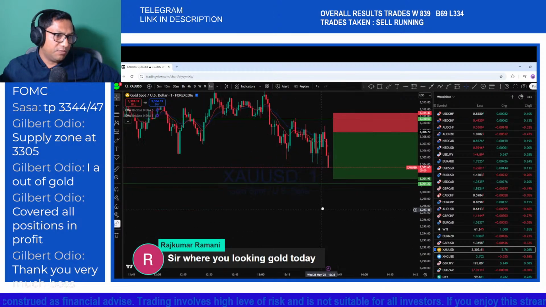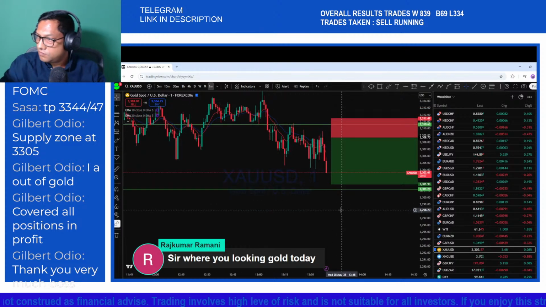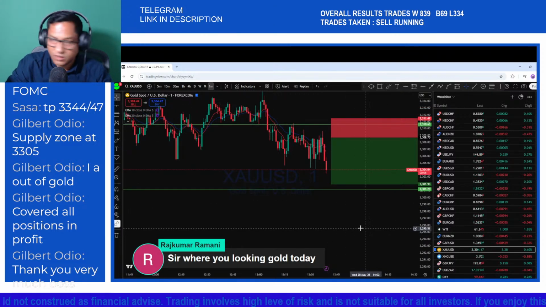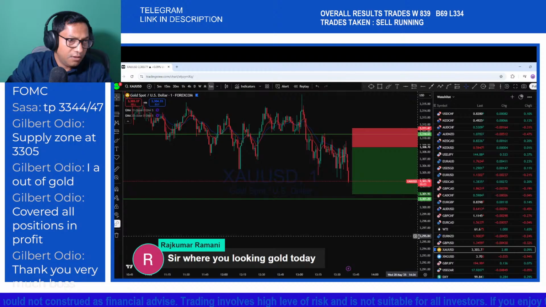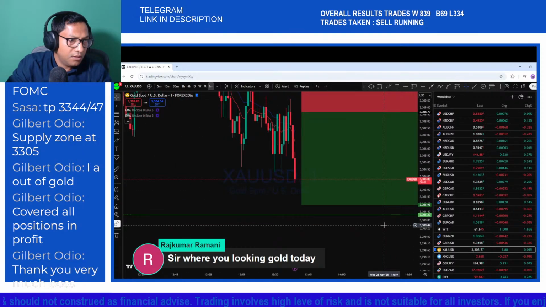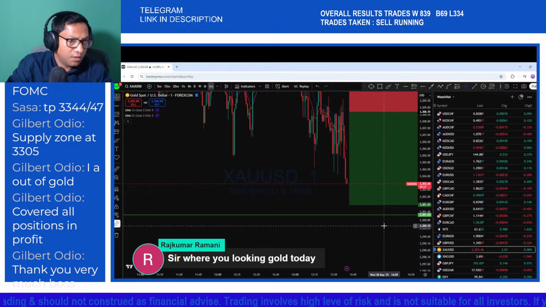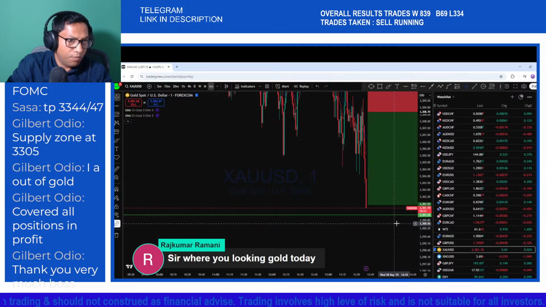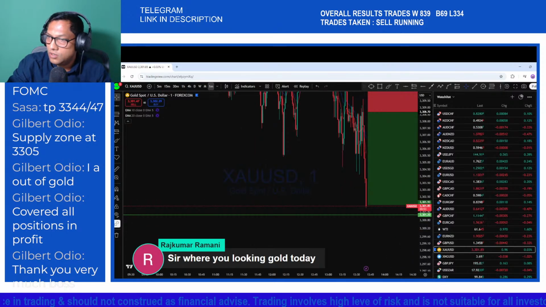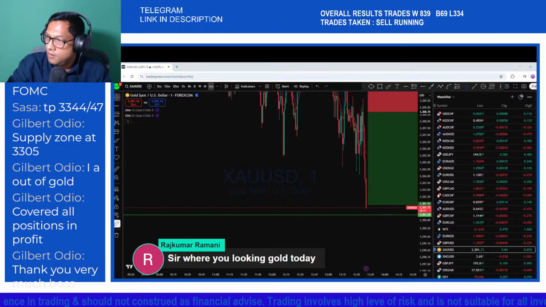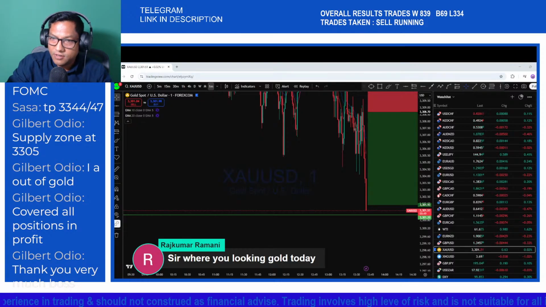Because there has been multiple manipulation, we may see the full target hit. Boom, TP hit, full TP hit, full TP hit on that, right?